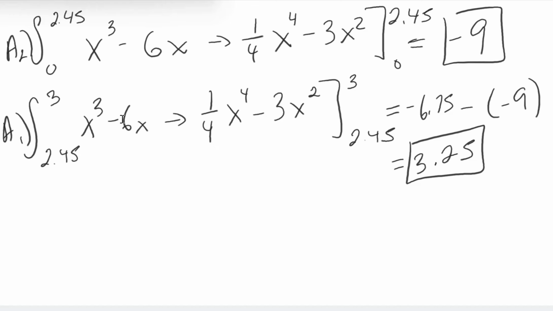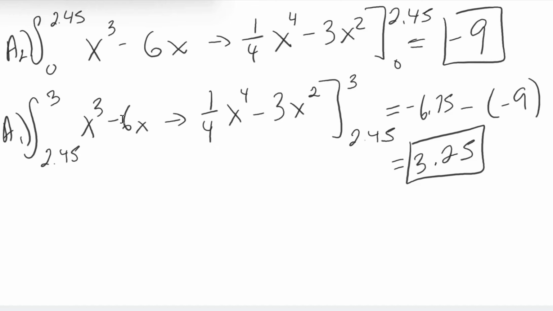Area 1, which is the piece above, has an area of 3.25. Area 2, the spot underneath the curve, has an area of -9. We put them together, that's how we get the area of -6.75 below the curve.